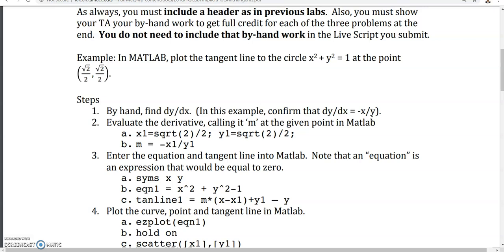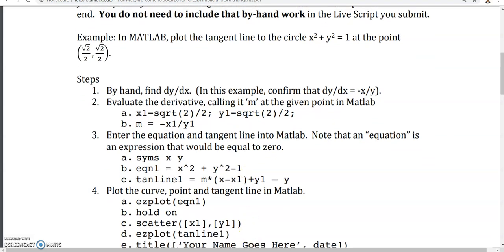Just make sure that you do this. So x1, y1 are the points, and to find slopes, you are going to use the same points.